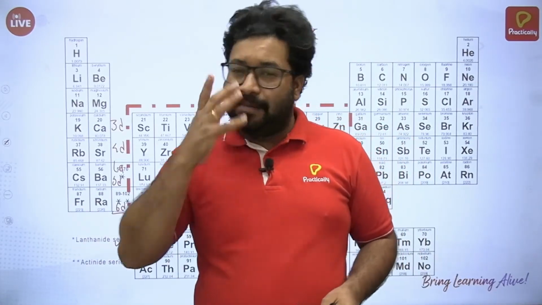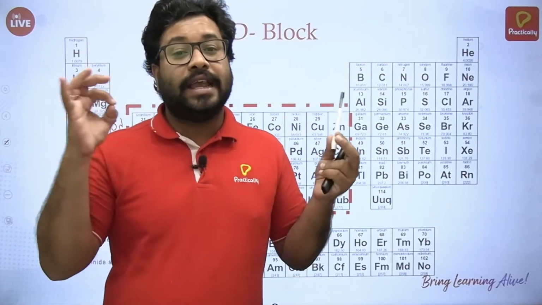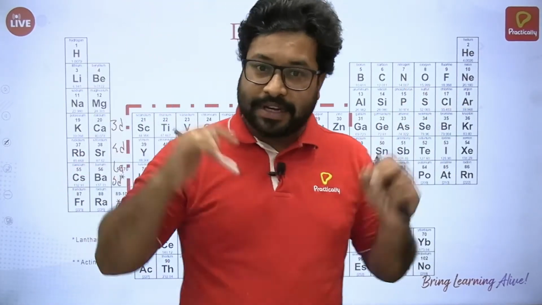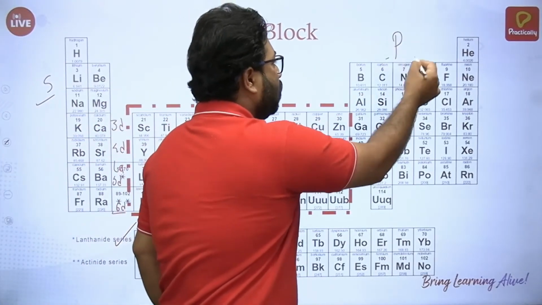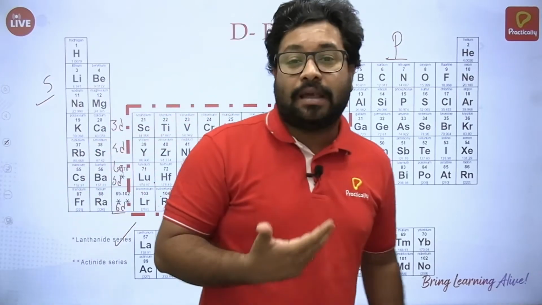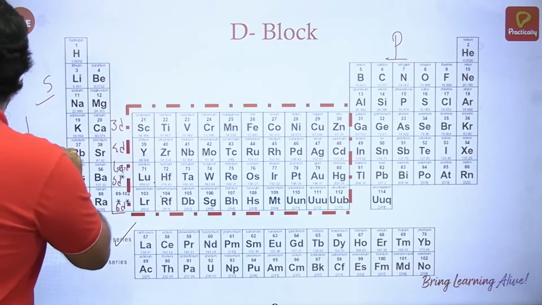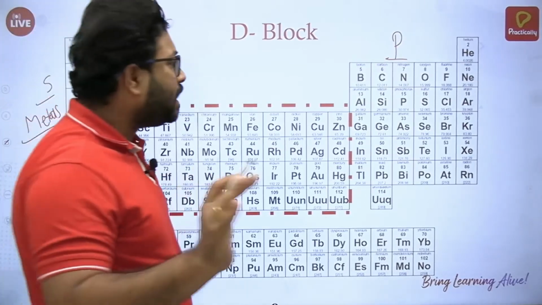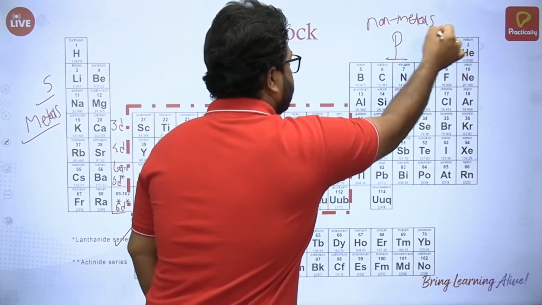D block elements are called transition elements, and F block elements are called inner transition elements. Now, why do we call D block elements transition elements? Let me tell you. See, these are your S block elements, and these are your P block elements. Between S block and P block there are D block elements. S block elements are typical metals, and P block elements are typical non-metals.